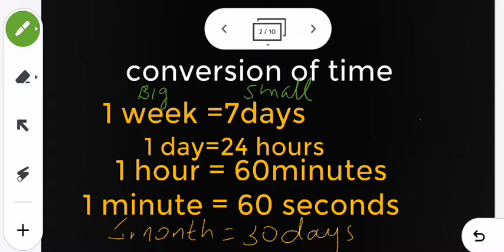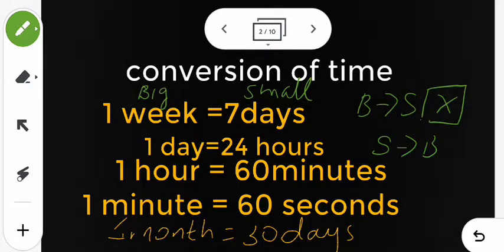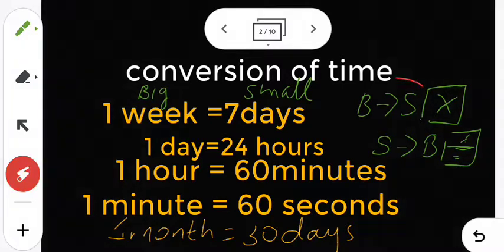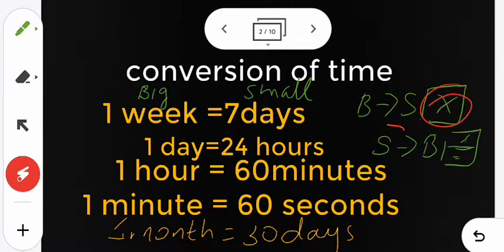When you convert the big one to the small one, you will multiply. And when you convert the small unit to the bigger unit, you will divide. This you have learned already in the measurement chapter, with meter and centimeter. There I taught you, when you convert the bigger unit into the smaller unit, you will multiply. When you convert the smaller unit into the bigger unit, you will divide.